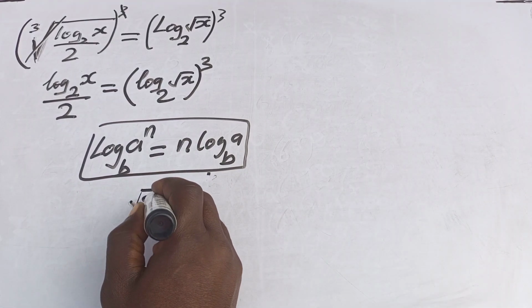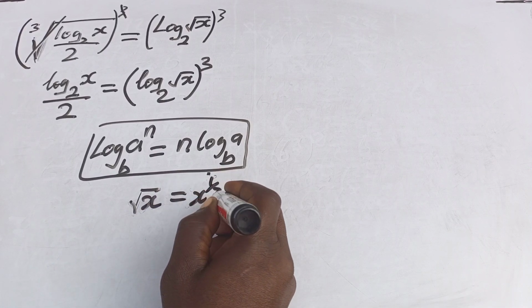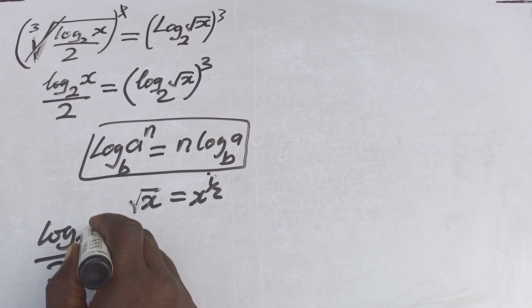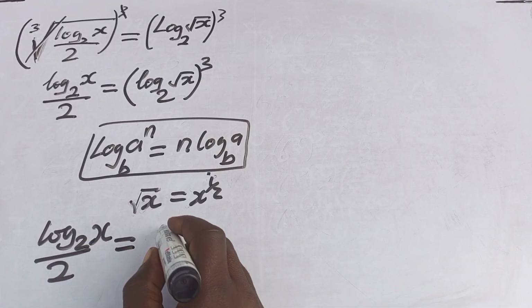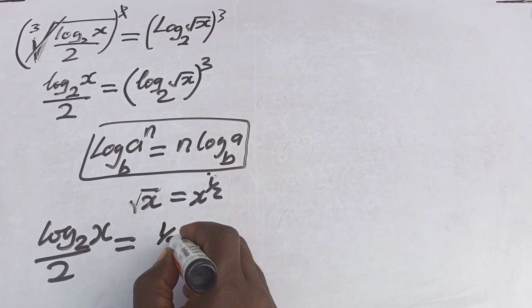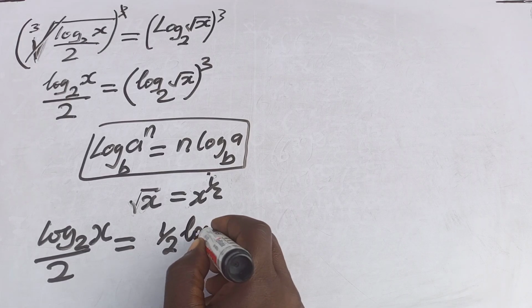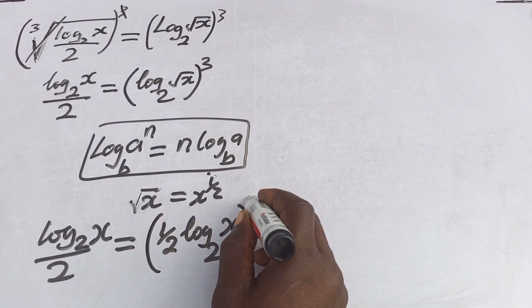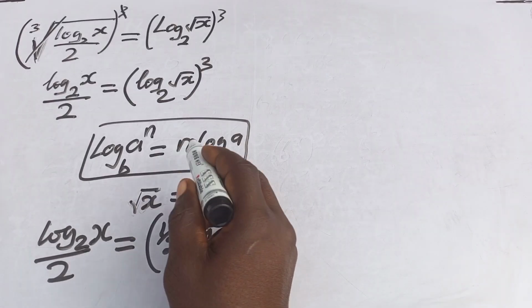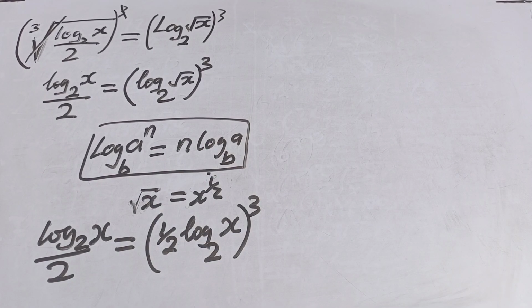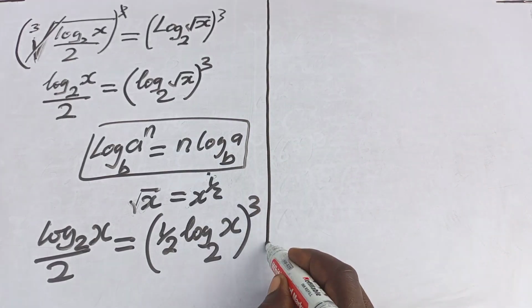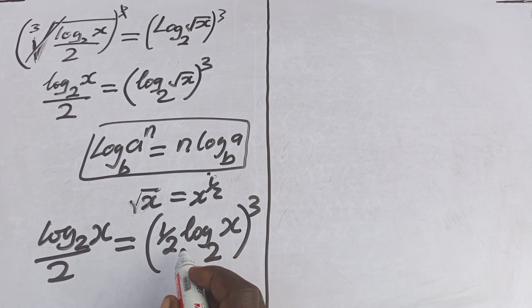Okay, let's write it back. We're going to have log to the base 2 of x all over 2 is equal to a half log to the base 2 of x, all raised to the power 3. Let's go gradually.